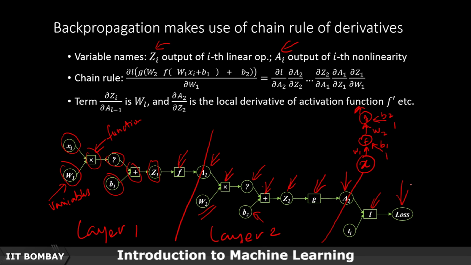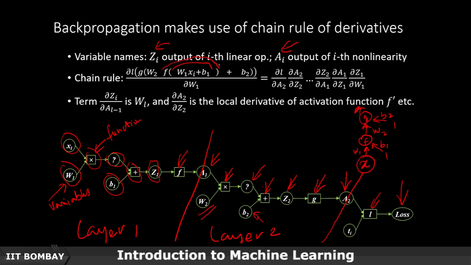In this chain rule, this is the linear operation of the first layer, which gives you Z1. This thing that I have highlighted with the red bracket is Z1. Once we get Z1, we give that as an input to F, and what we get out of that is A1.